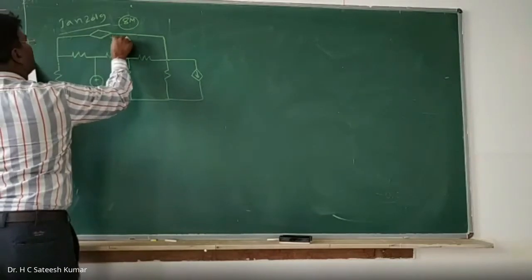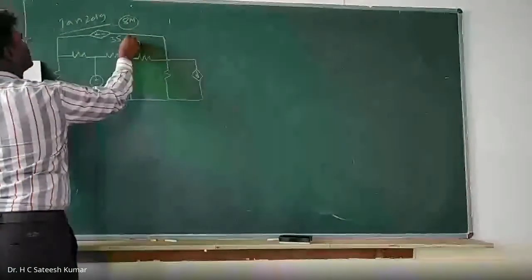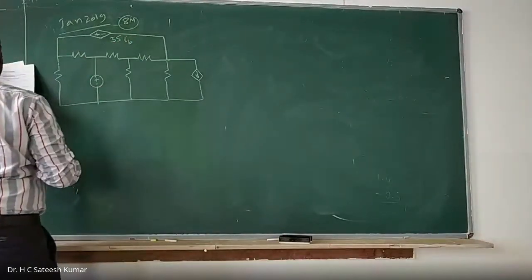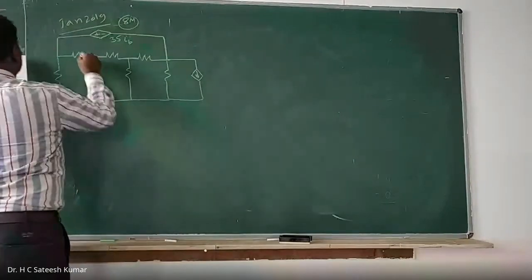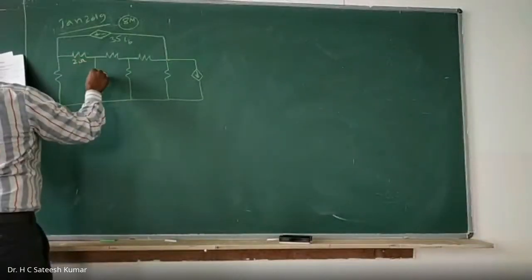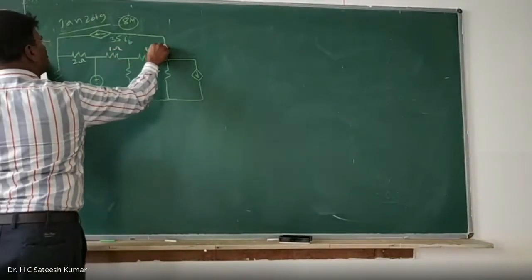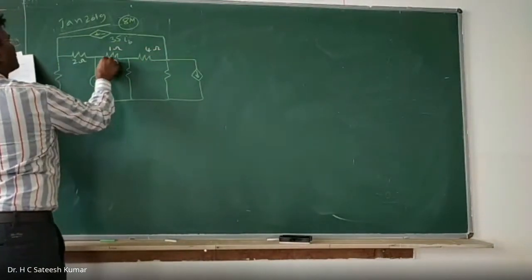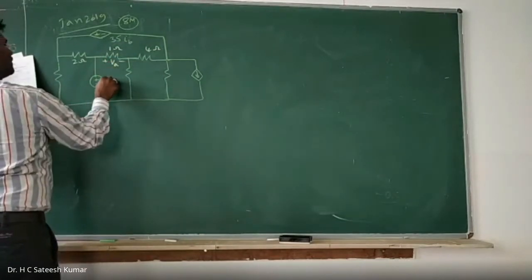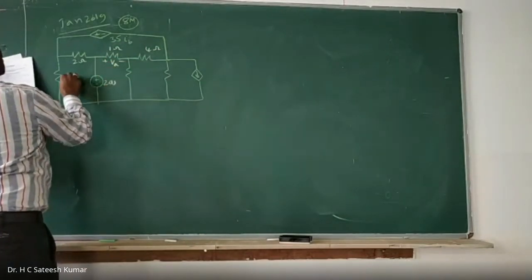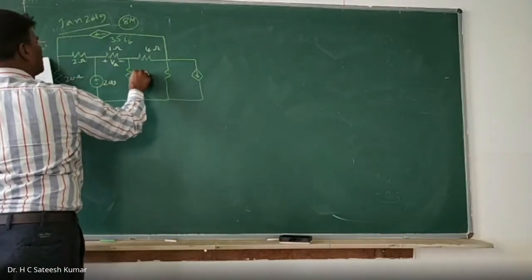There is a 35 IB dependent source, 2 ohms, 2 ohms, 1 ohm, 4 ohm, and a dependent source VA. There is a 20 volt source, 20 ohms, and this one is 40 ohms.